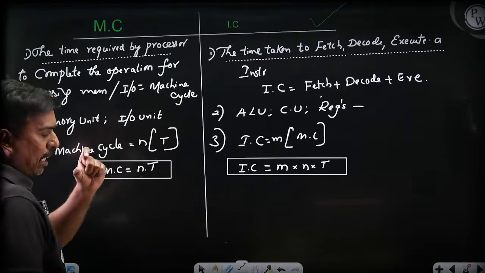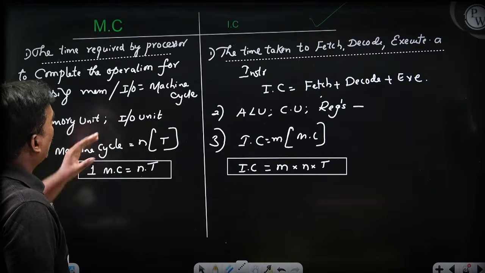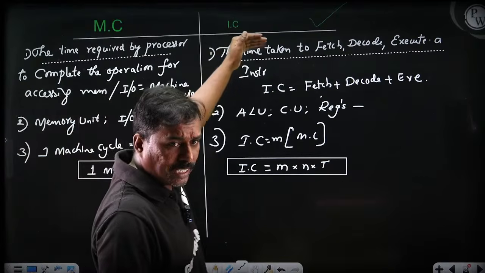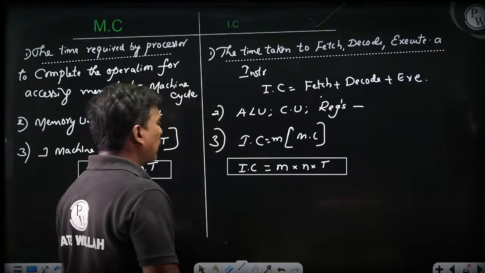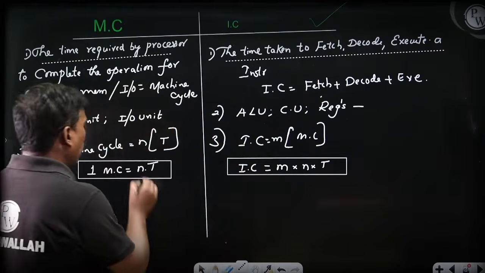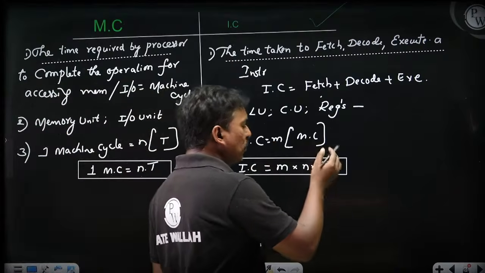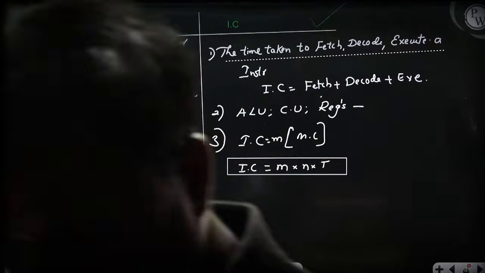One particular memory operation can be memory read, memory write, IO read, IO write. Generally these machine cycles operate on the memory unit and IO unit, whereas instruction cycles operate on ALU, control unit, registers. Instruction cycle is a group of machine cycles. One machine cycle is a number of T states. One instruction cycle is M number of machine cycles. Please make a note of all these points.